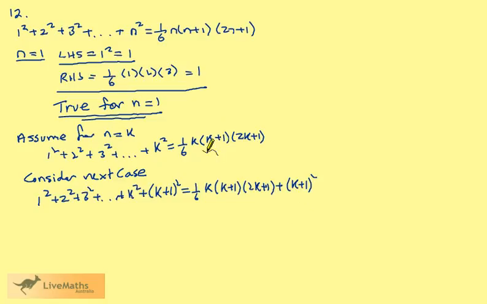The idea is that this is assumed to be true. If this is true, this must be true because all we've done is add the same thing to both sides.